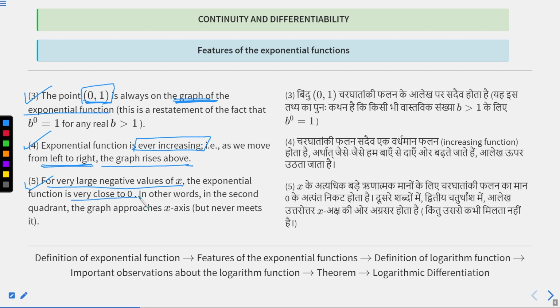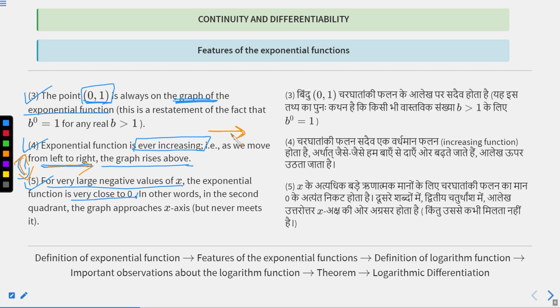If you connect this with the fourth point, the fourth point says that if you move towards plus infinity, left to right, the graph is ever increasing, reaching plus infinity on the y-axis.